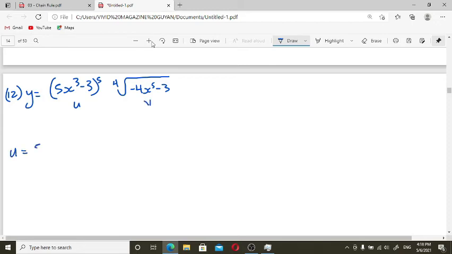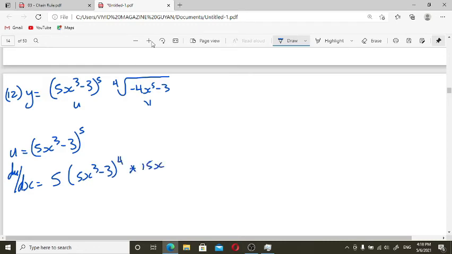So u is equal to 5x cubed minus 3 raised to the 5th, du upon dx is equal to 5 times 5x cubed minus 3 raised to the 4th times 3 5 is 15x squared. So 15 times 5, 75x squared, so 75x squared of 5x cubed minus 3 raised to the 4th. That's my u family.